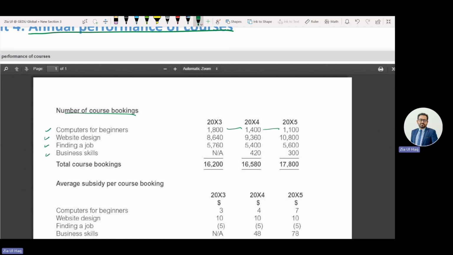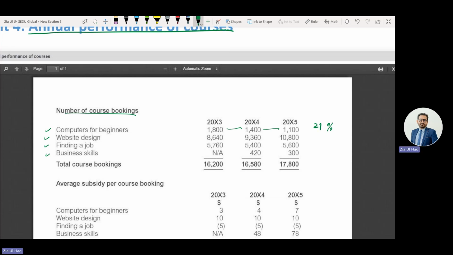Current 11,000 minus previous 14,000, divided by previous 14,000, multiplied by 100. It is reduced by 31% or 32%. 21%. Okay, make it 21%.